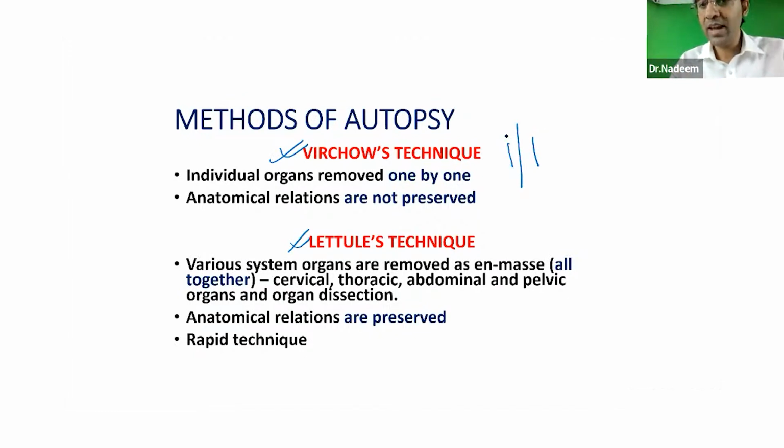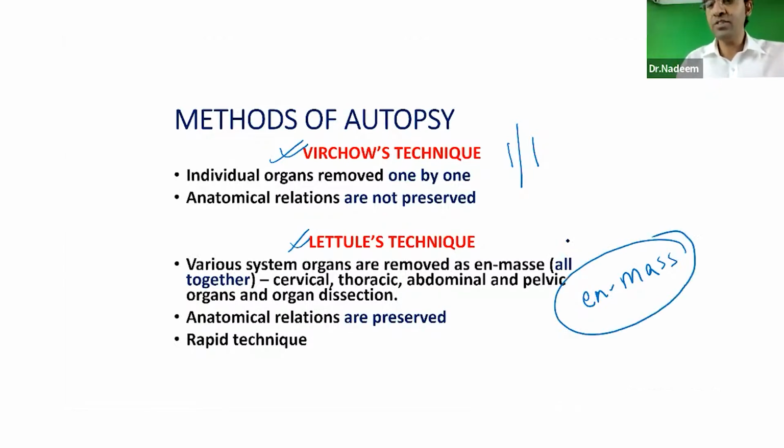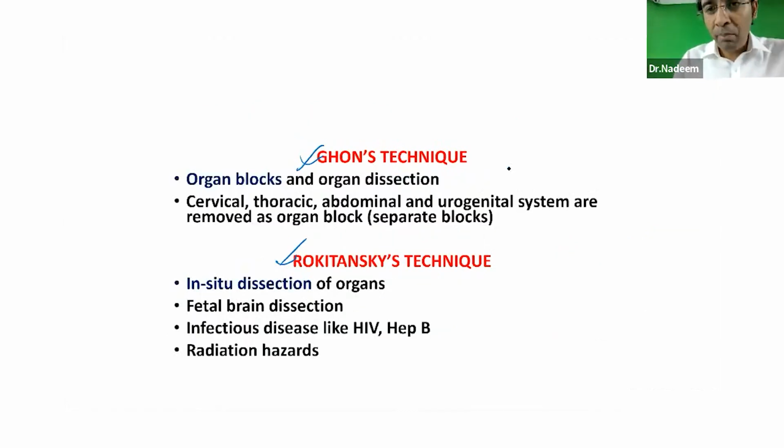In Letulle's technique, we remove all organs at the same time, en masse. This is a rapid technique. Next, when we remove organs block by block, like the cervical organs separately, thoracic organs separately, abdominal content separately, and the genital block, that is Ghon's technique.